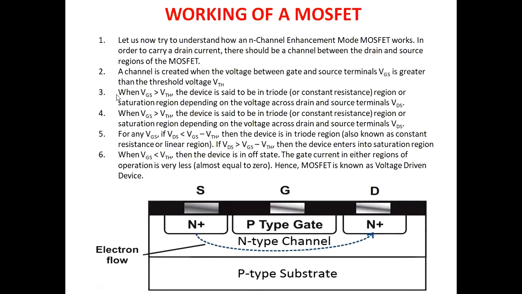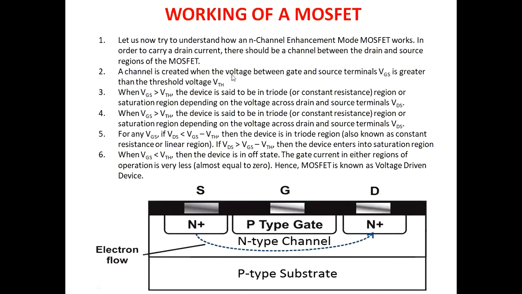A channel is created when the voltage between the gate and source terminal, I already explained that S is connected to negative and G is connected to positive, so this is the controlling voltage, and this voltage will decide the mode of operation of the MOSFET.